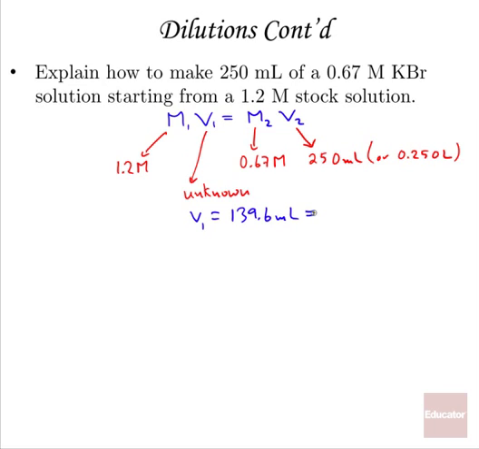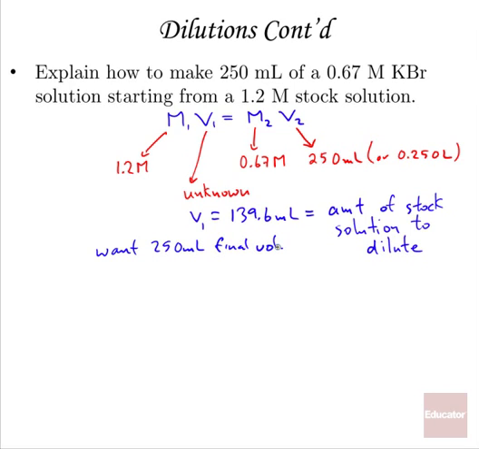All right. Now, what is the physical significance of this volume? Okay, so this is the amount of the stock solution you're actually going to take. So amount of stock solution to dilute. But how much water do you add then to dilute it? Well, if we want 250 milliliters as the final volume, and we're going to use 139.6 milliliters of the stock, all I got to do is subtract.